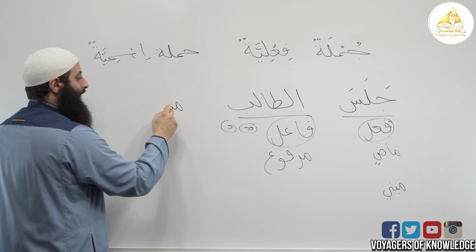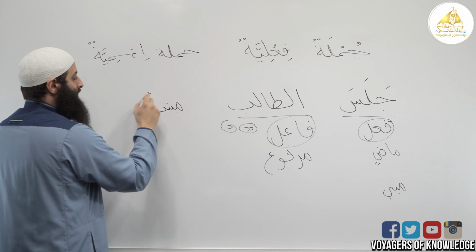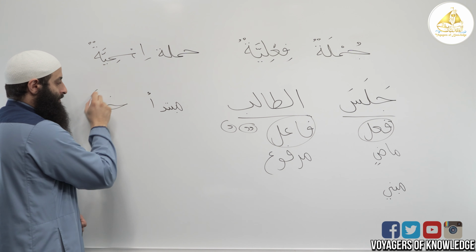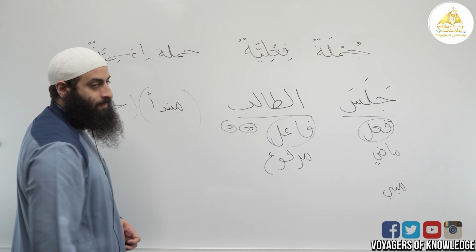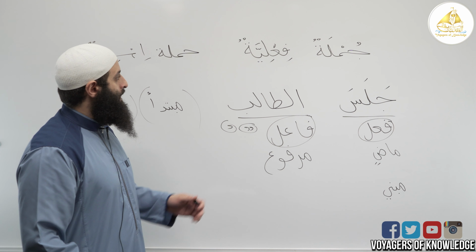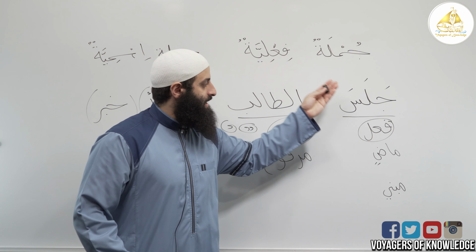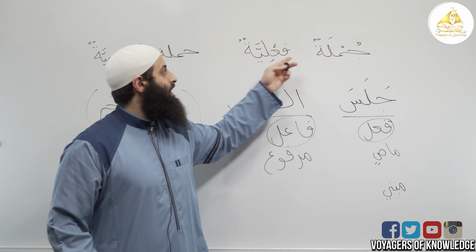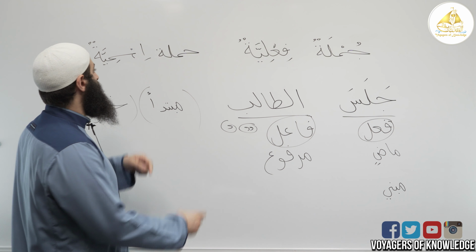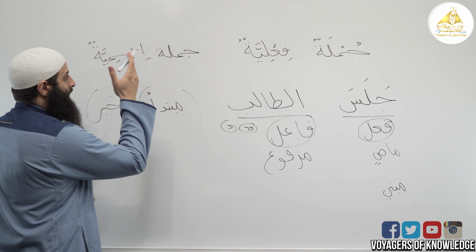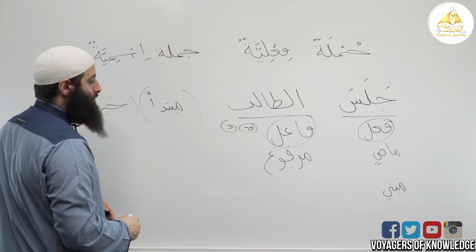This is the one that has مبتدأ and خبر. Okay? So, if the sentence begins with a verb, it's a جملة فعلية. If the sentence begins with a noun, it's a jumla ismiya.